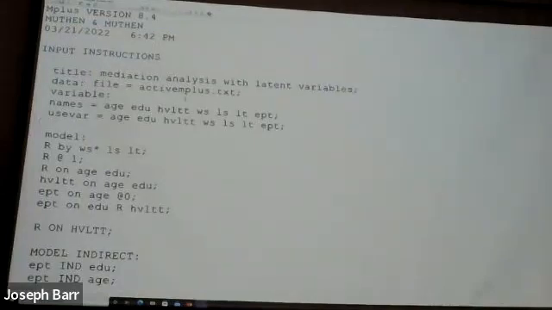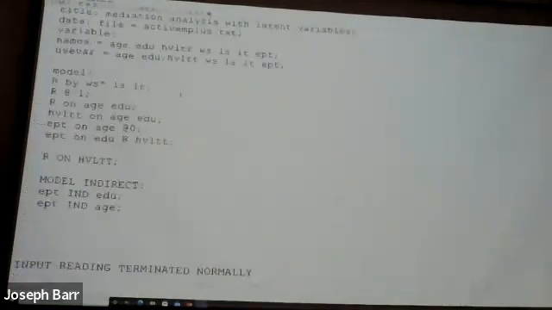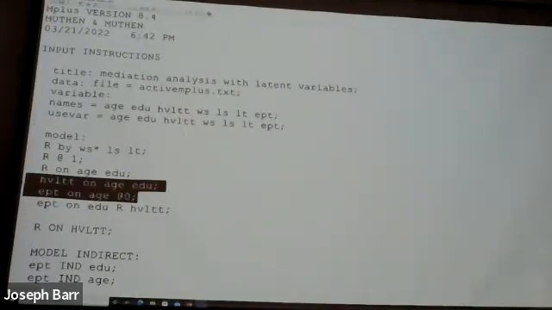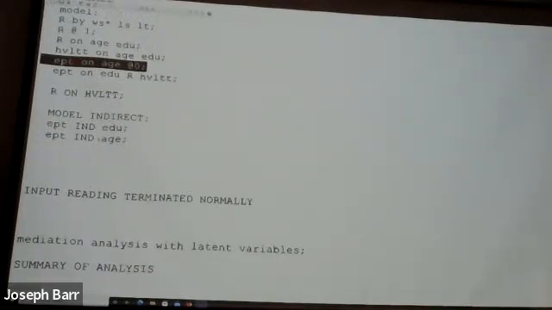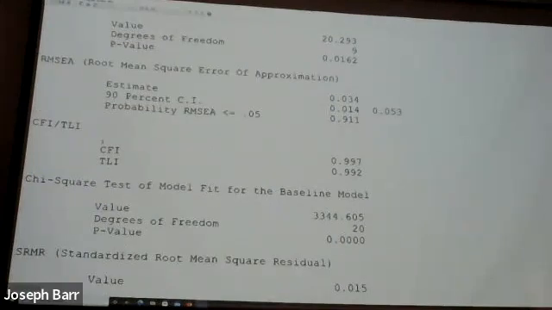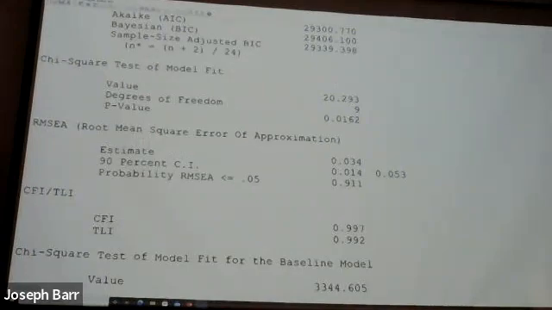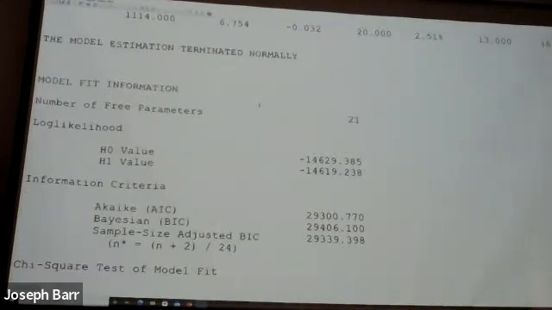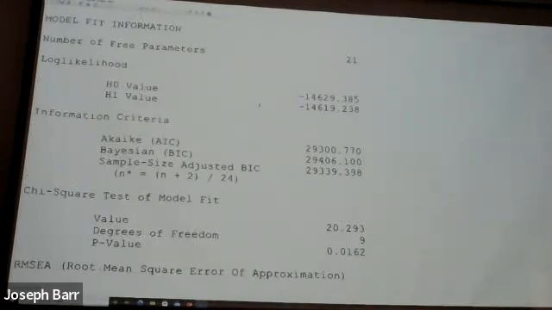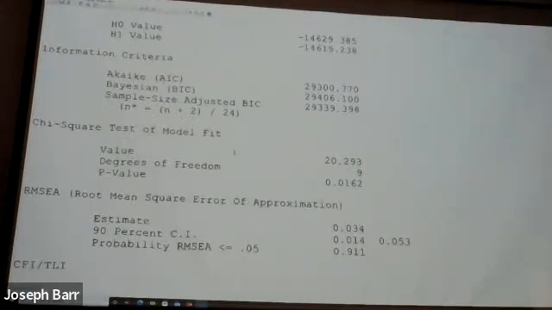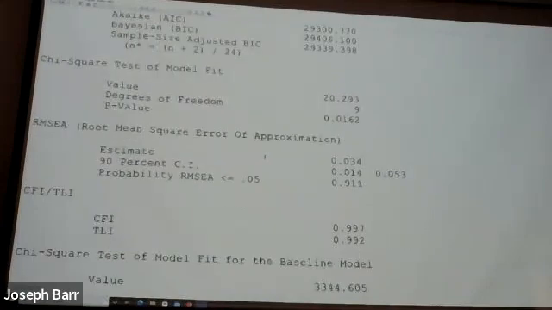This is a new result after we add the new constraint. Okay, so we have the result here. And then let's check the model fit indexes. Model fit information: we have the chi-square value, degrees of freedom.